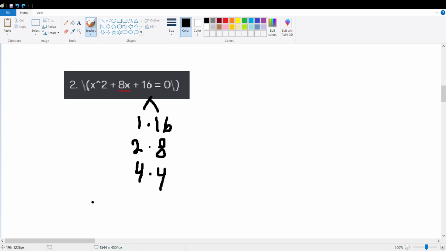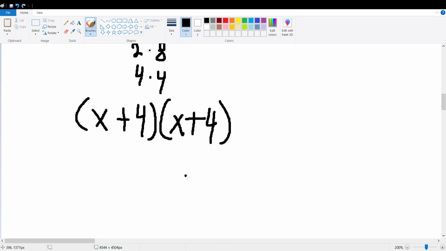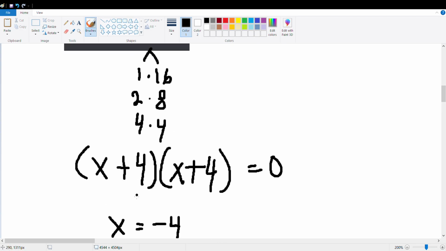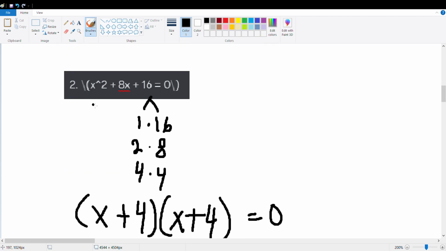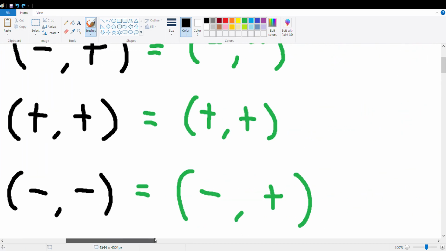And we already found a number that will add up to 8. So immediately we're just going to do x plus 4, x plus 4. So basically the answer is x equals negative 4. Why? Because 4 and 4 equates to 8.